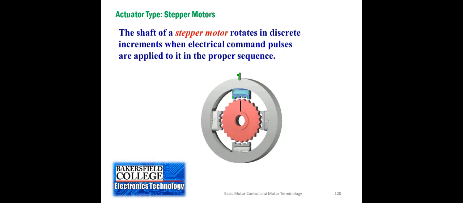So a stepper motor is more like a clock when the second hand ticks, whereas other motors are like a second hand that would sweep, that would continually rotate. This is rotated by a series of pulses to the correct coil at the correct time.